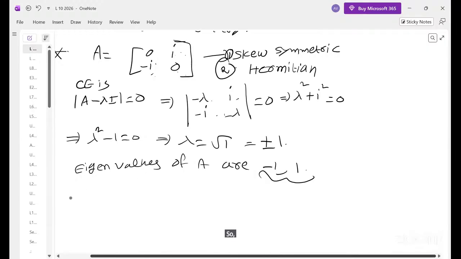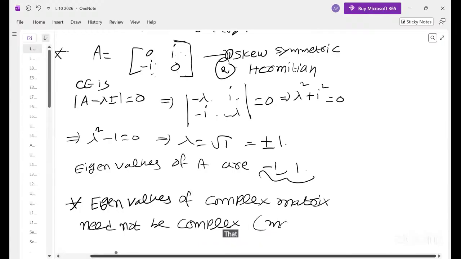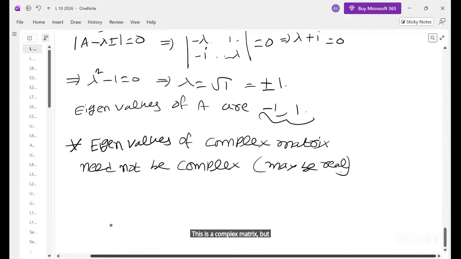So a very important note is that eigenvalues of a complex matrix need not be complex. Not necessarily complex. They may be real also. For example, here this is a complex matrix, but eigenvalues are real.